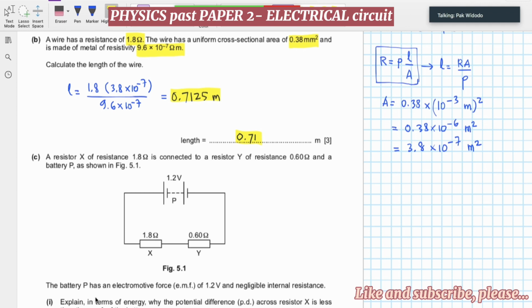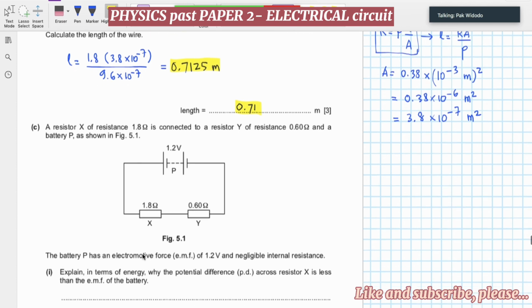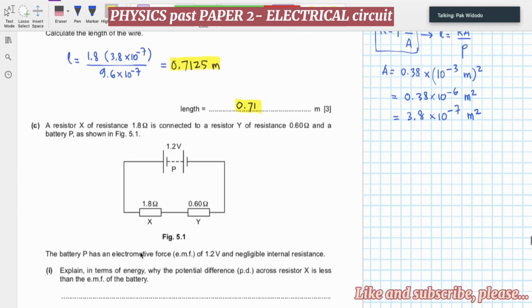The battery P has an electromotive force EMF of 1.2 volt and negligible internal resistance. Explain in terms of energy why the potential difference PD across X is less than the EMF.